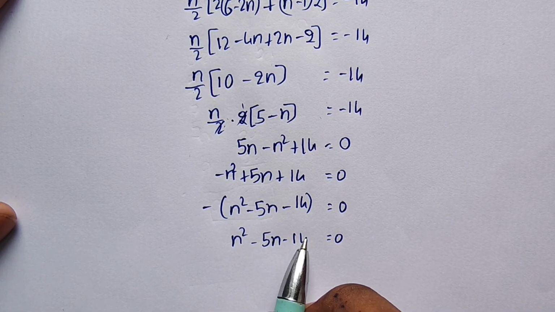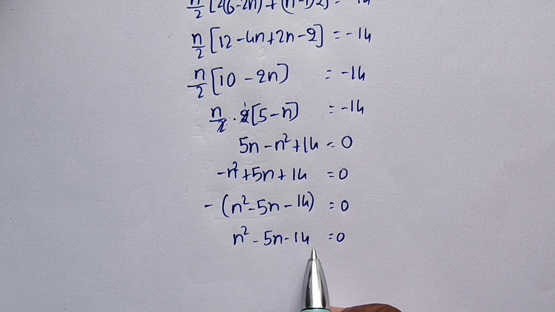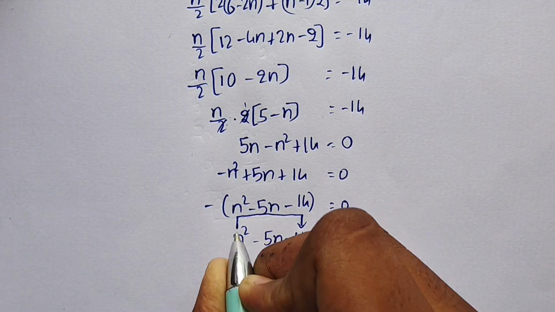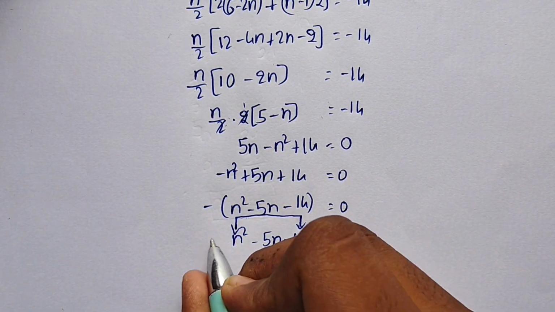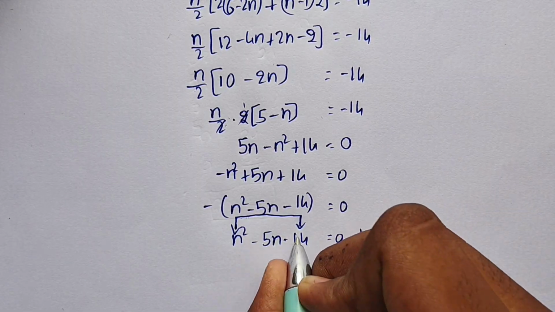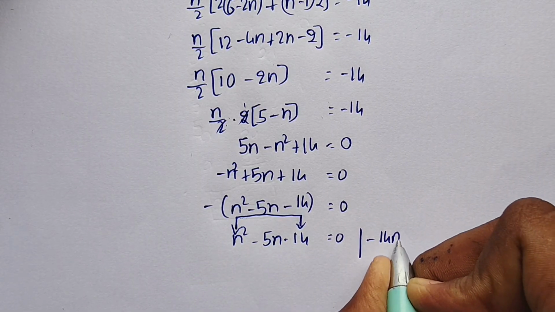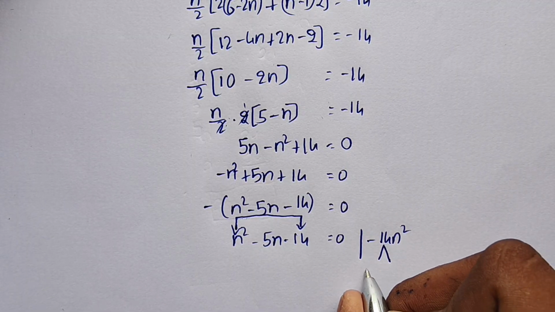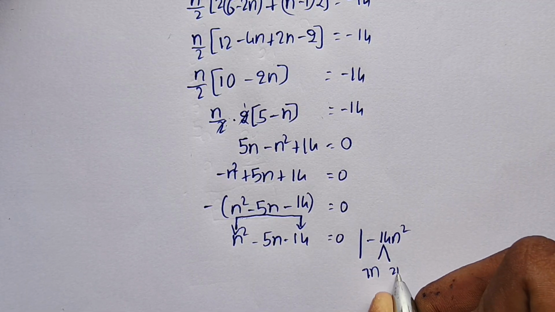So here we got a quadratic equation. To find the zeros or roots of this quadratic equation, first I have to find the product of the first and last terms: plus into minus 14 into n square, that is minus 14 n square. The factors I am taking are 7n and 2n.